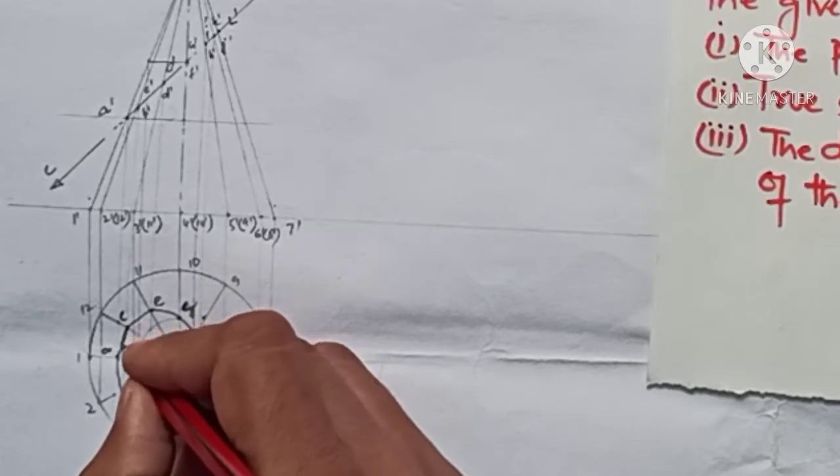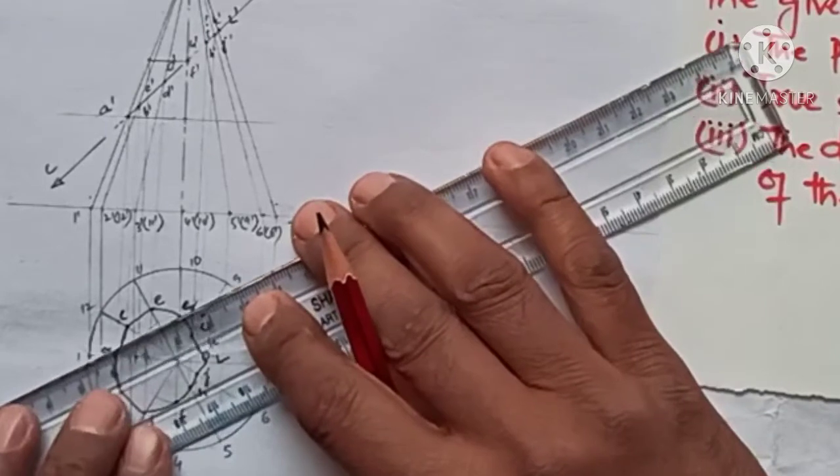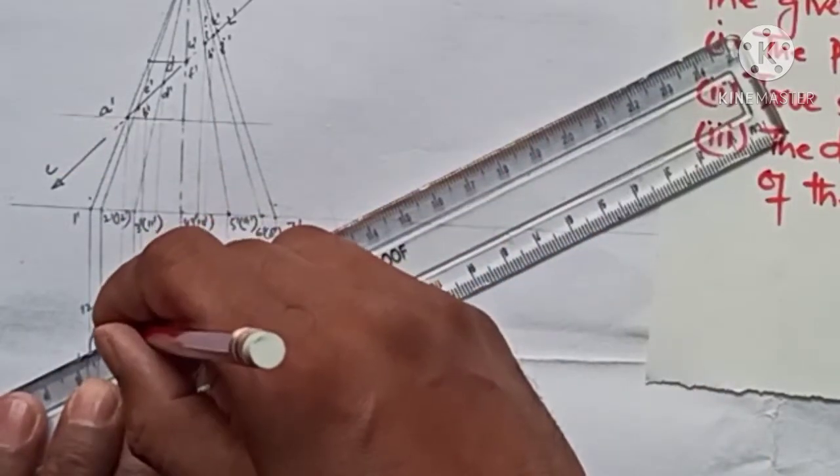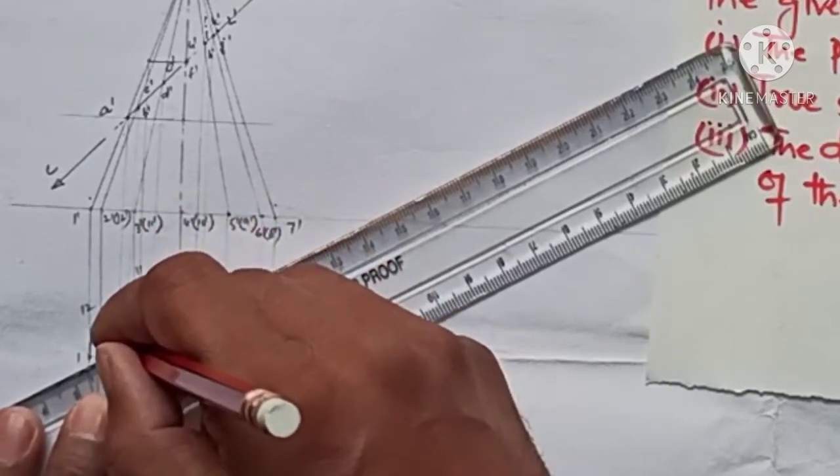So this is my truncation. So I need to hatch this at 45 degrees. We normally do the hatching. So this is what I was looking for.